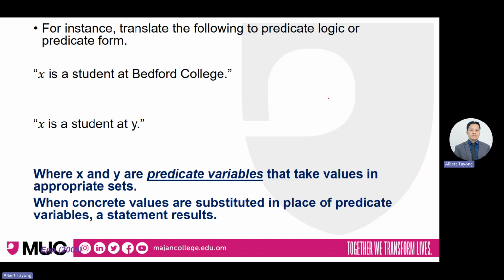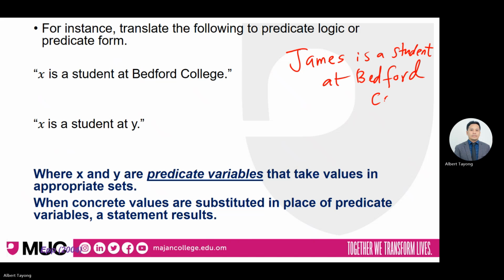Now, our original sentence is "James is a student at Bedford College." Or we can also say "Muhammad is a student at Majan University College."